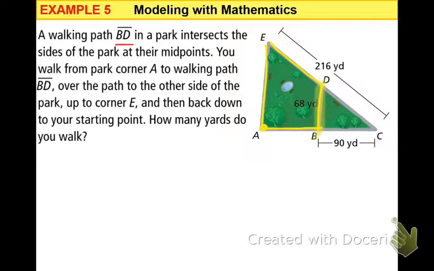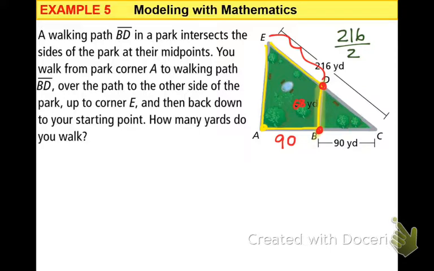Because BD cuts through at the midpoints, we see that in the first portion, B and D technically is a midsegment. If B is a midpoint, that means AB is 90. We already know DB is 68. It's written there. We can find the length of DE because it is half of 216.